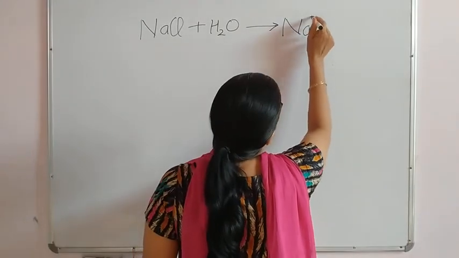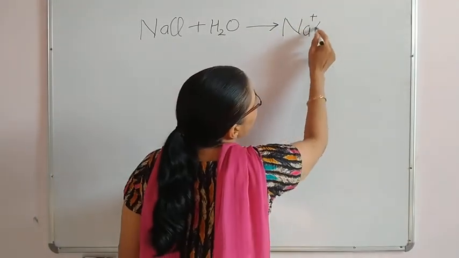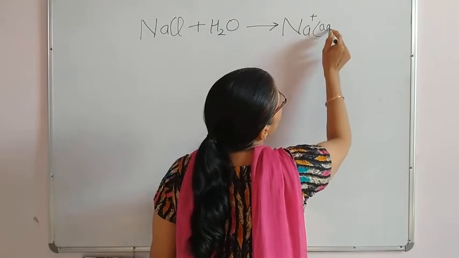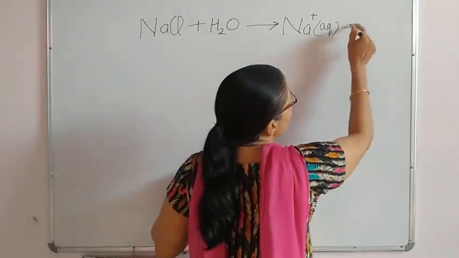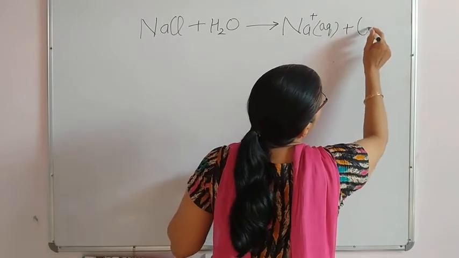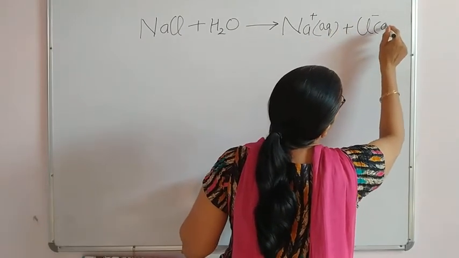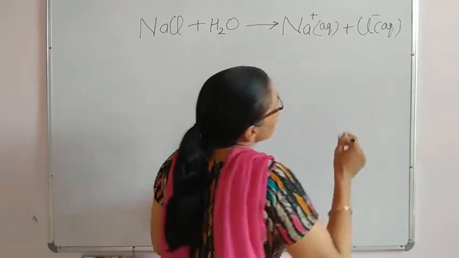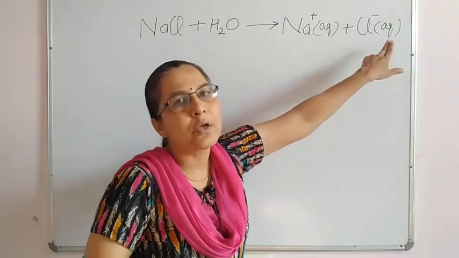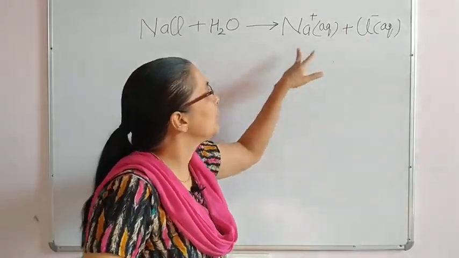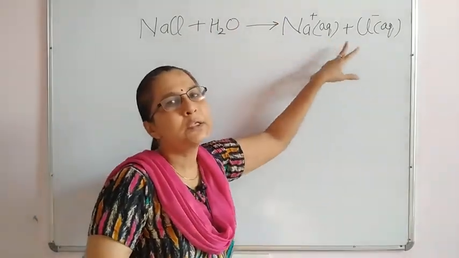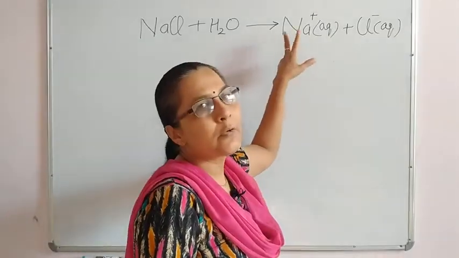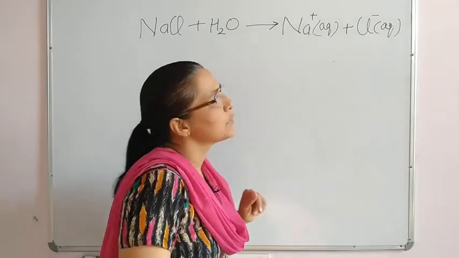This process is known as ionization. Na plus ion will be surrounded by water. Then Cl minus ion is also surrounded by water molecules. So we get free ions, and due to free ions they are good conductors of electricity in aqueous solution.